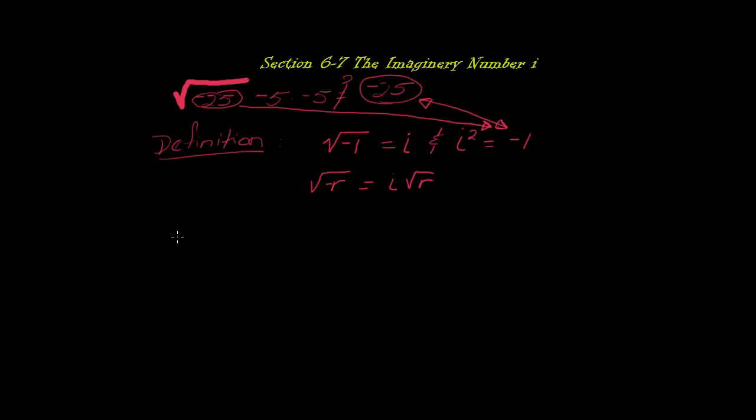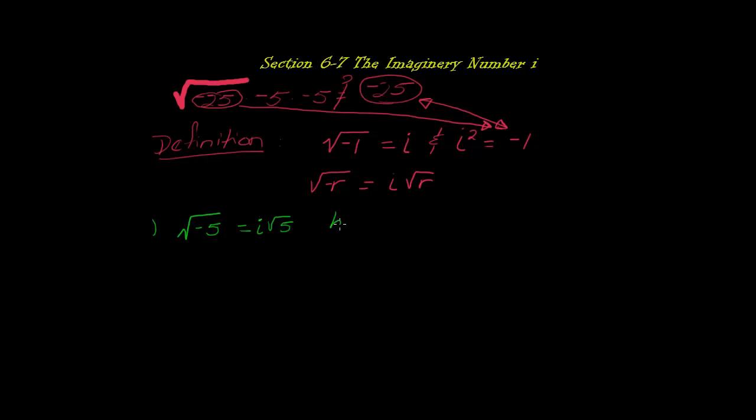The first example they give is the square root of negative 5. Normally this is impossible. So we say that we can take out a negative, so to speak, and this is equal to this imaginary number i times the square root of 5.